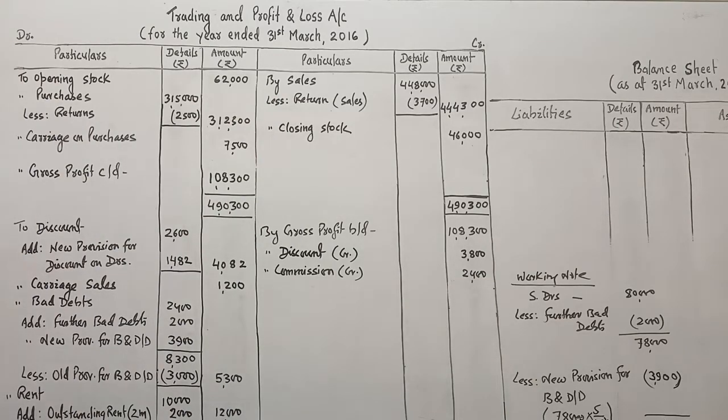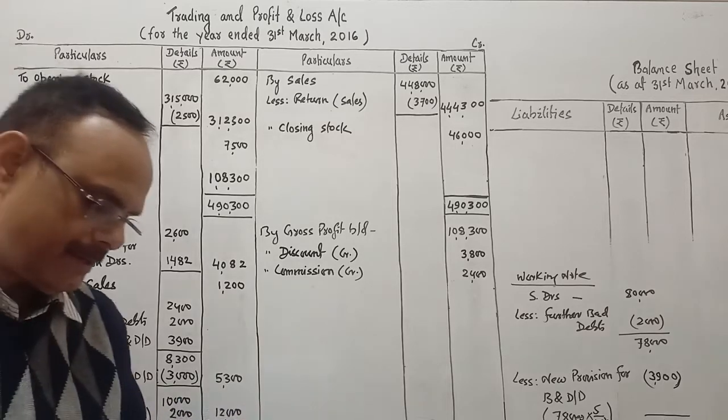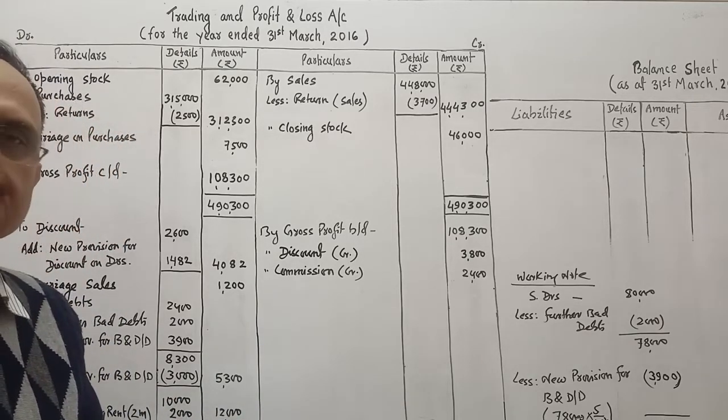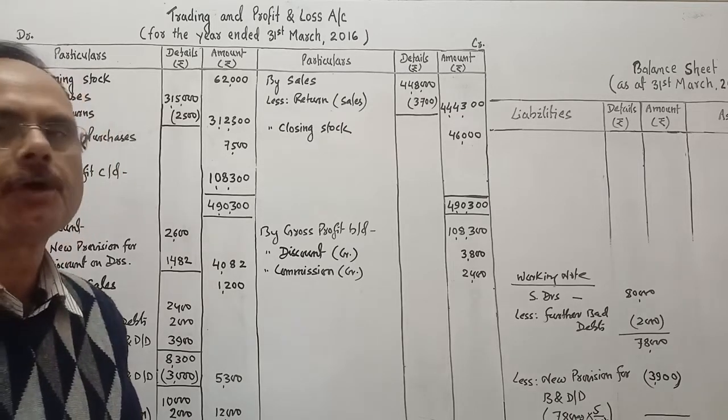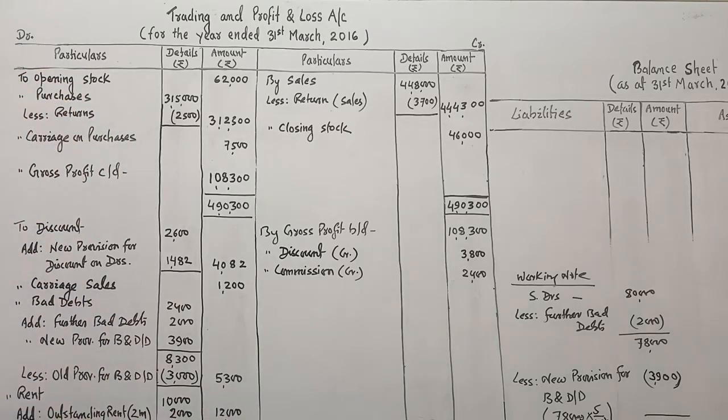Then come to repairs. After commission, another item is repairs. Is there any adjustment related to repairs? You see adjustment number 3. A sum of rupees 200 is due for repairs. So outstanding repairs is given in the adjustment.